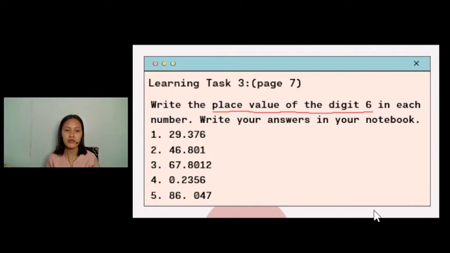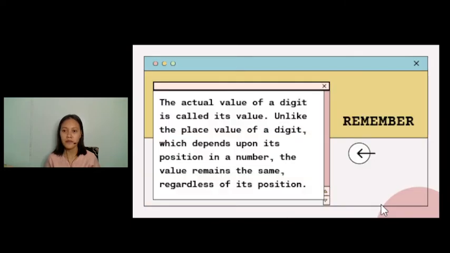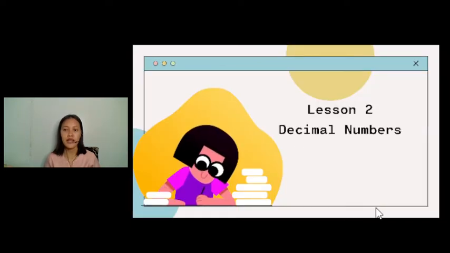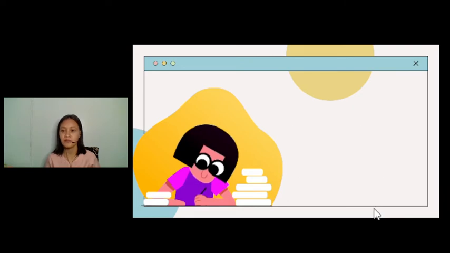Again, you may pause this video or you may screenshot this one para later on, masagutan nyo po siya. So remember, the actual value of a digit is called its value. Unlike the place value of a digit, which depends upon its position in a number, the value remains the same regardless of its position. Now let's proceed to lesson 2, decimal numbers through ten-thousandths.